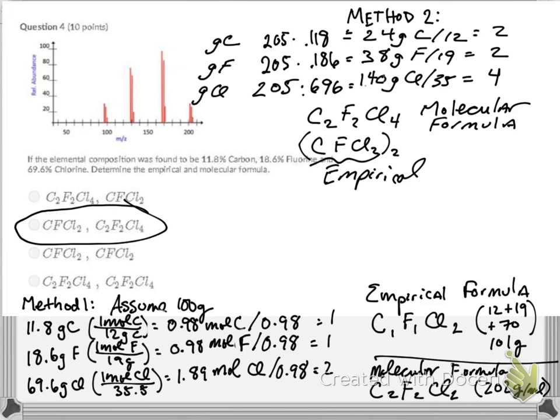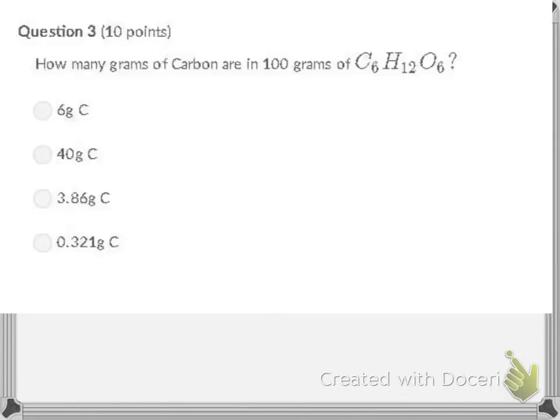All right, so let's do this a couple more times. You want some practice? I definitely suggest that you try to do problems like this and then compare your answers. Here we have 100 grams. How many grams of carbon are in 100 grams of C6H12O6? We did this in class.